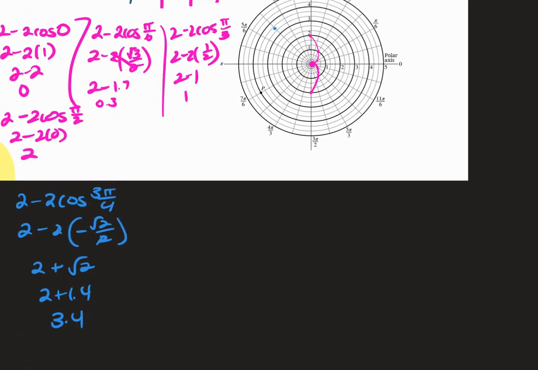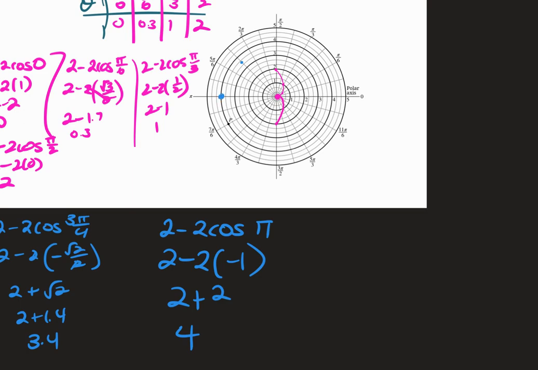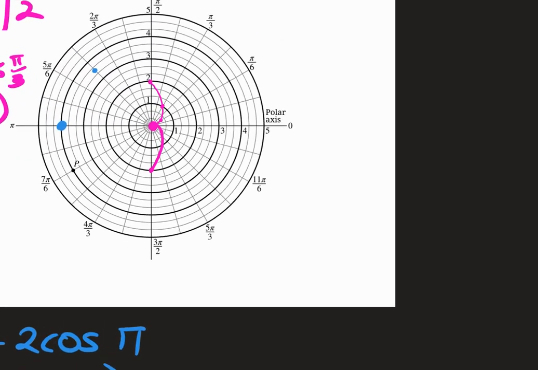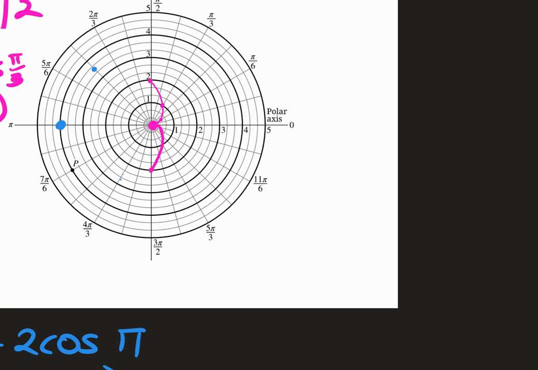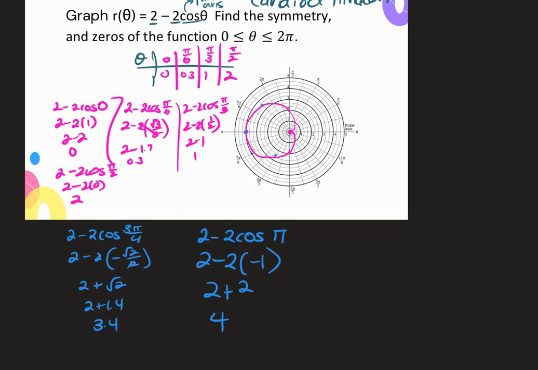And then I'm going to jump to pi. 2 minus 2 cosine pi, 2 minus 2 times negative 1. And that's my biggest point when those two get added together, which is 4. And then I can reflect it down here and fill in the rest of the heart shape. Awful bottom, but you get it. Okay?